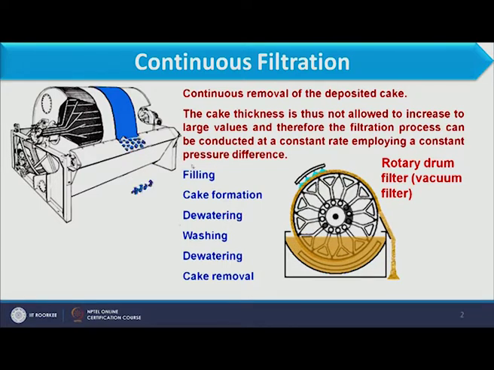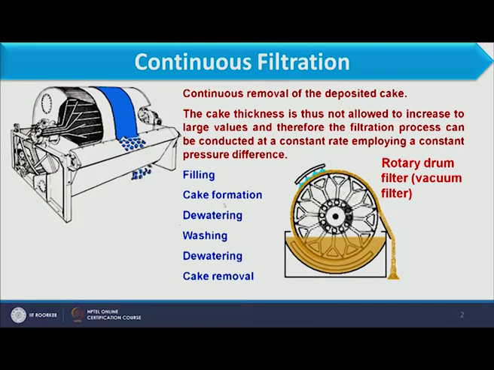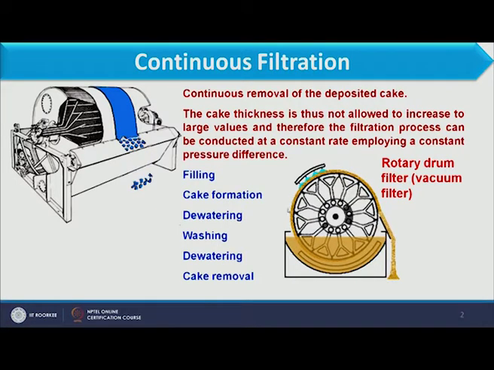So, among the different steps, filling is submerging this drum into the slurry, then cake formation means it sucks the filtrate and due to this the cake forms. Then once it revolves and leaves this slurry, it comes into this section.